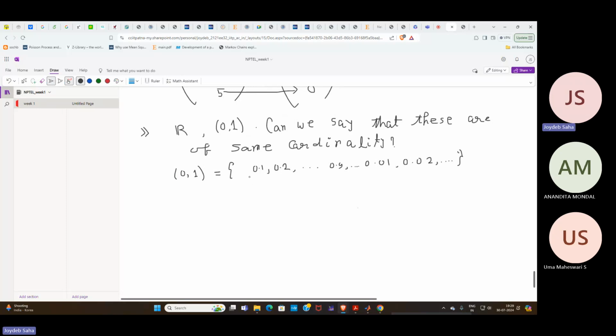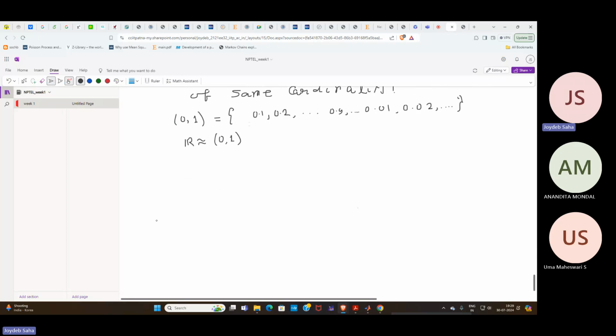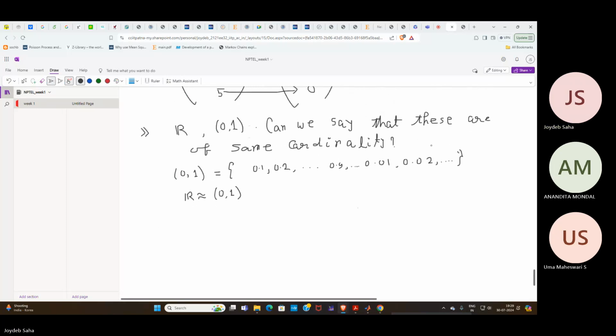And there will be an infinite number of elements between 0 to 1. So it will be equicardinal. The answer is yes.